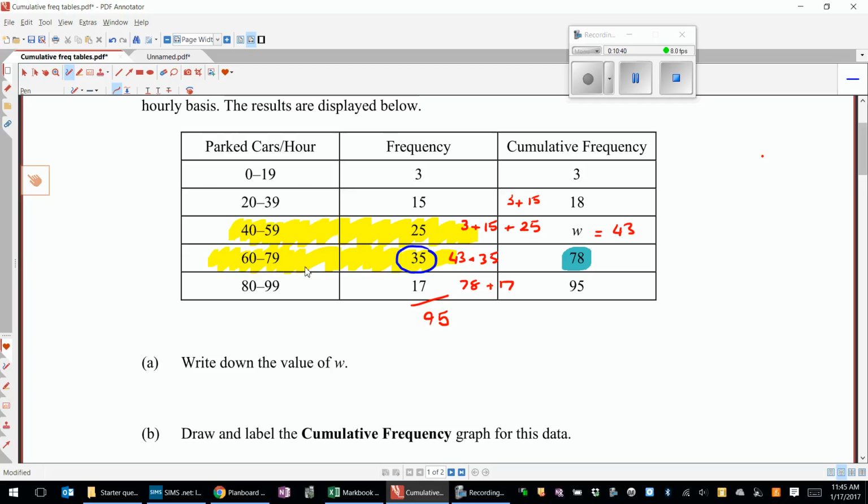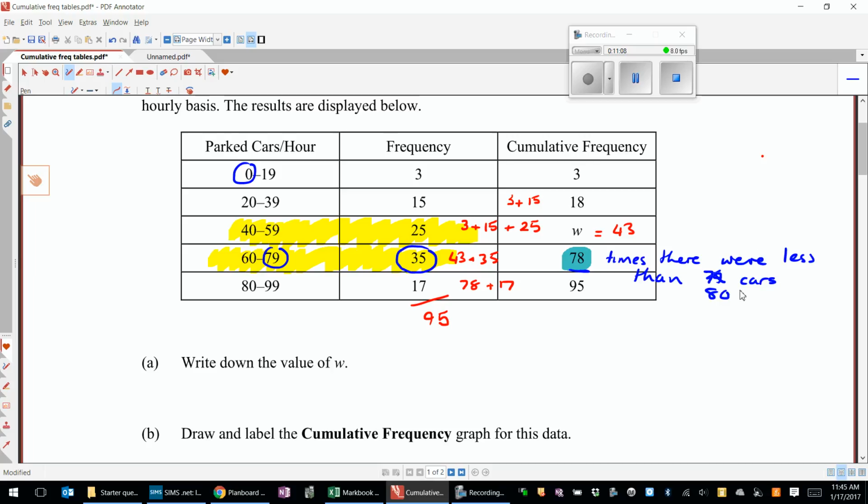But when we do cumulative frequency, we're always going back to 0 and going up to 79. So I could say 78 times there were less than 79 cars. Well, I'll actually say less than 80 cars.